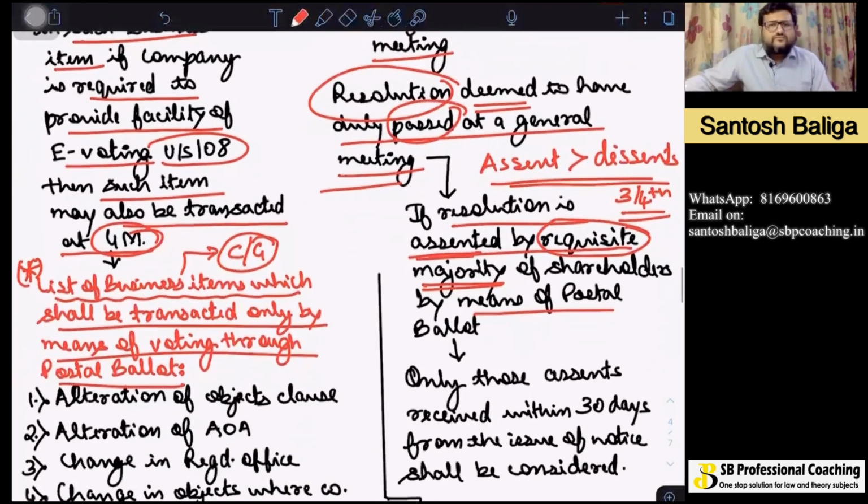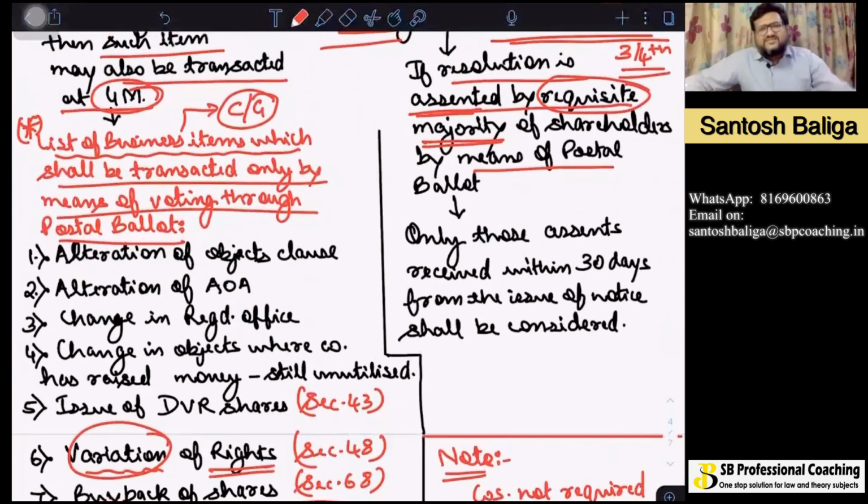Now, once the company has sent the postal ballots and the shareholder needs to reply, there is a time limit within which the shareholders will reply to the postal ballots. The time limit has been fixed as within 30 days of receiving or issue of notice.